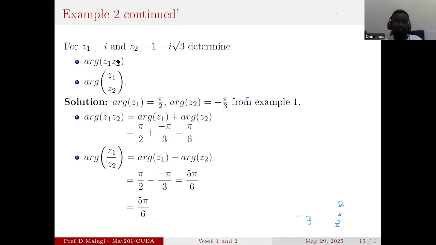What do we have? We found that when you multiply these two guys, Z1 times Z2, this gives you root 3 plus I.